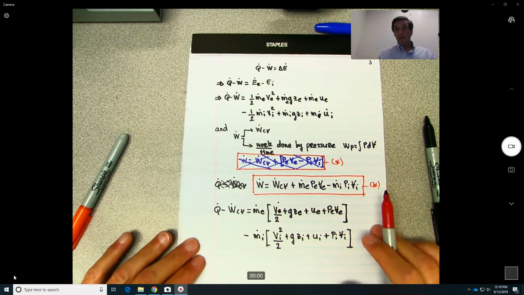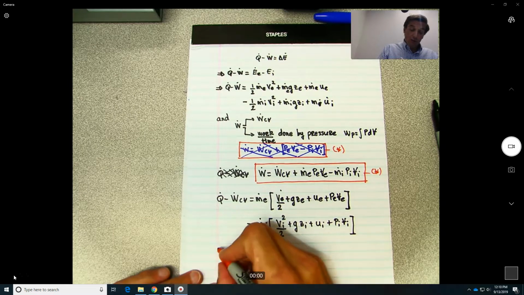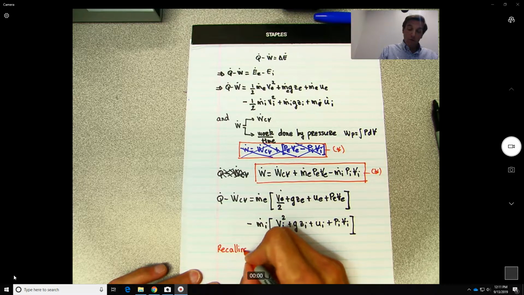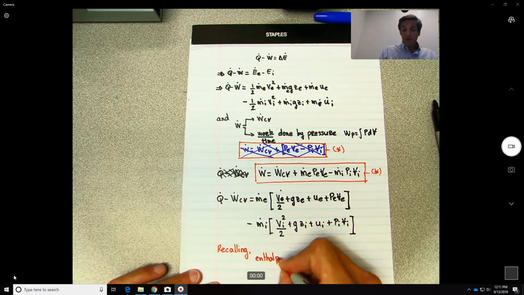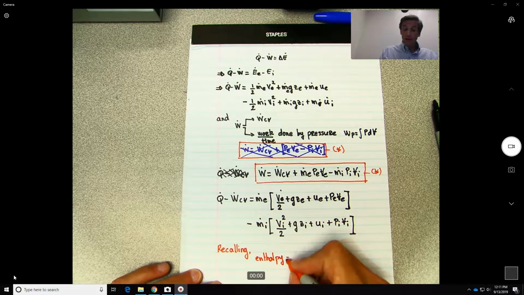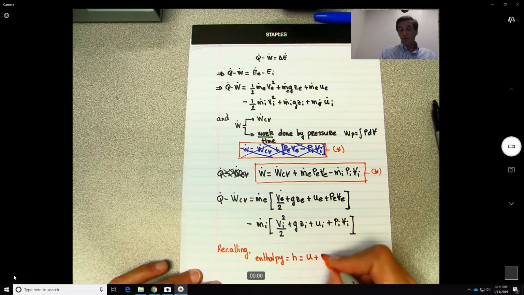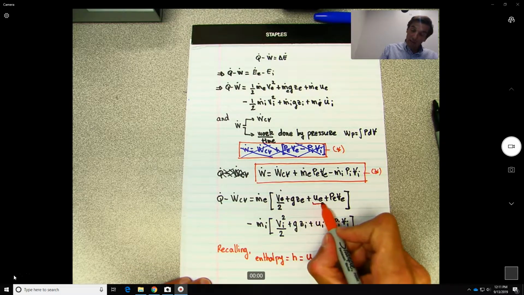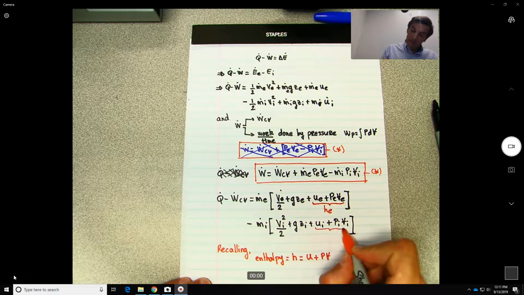All right. So now comes the important part. Recalling, what is enthalpy? The enthalpy was defined with the letter H and was equal to what? Internal energy plus the work done by the pressure. So if you look at it, this is actually enthalpy, and this is enthalpy over here.